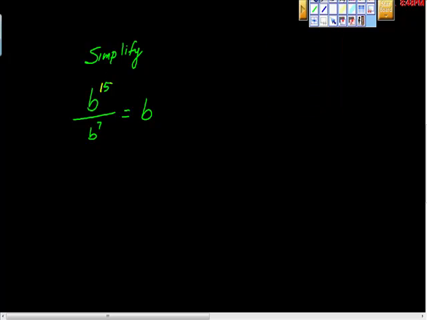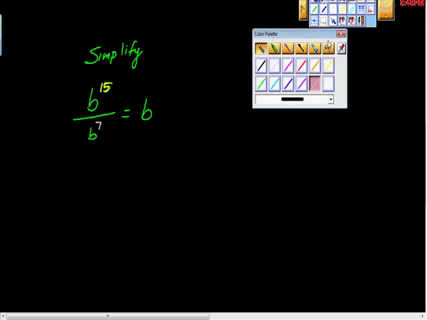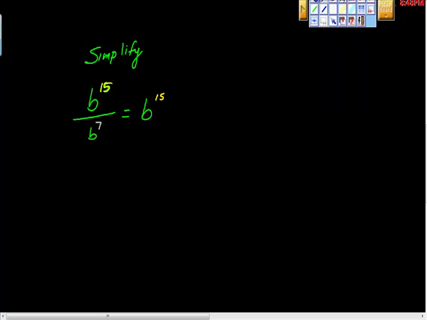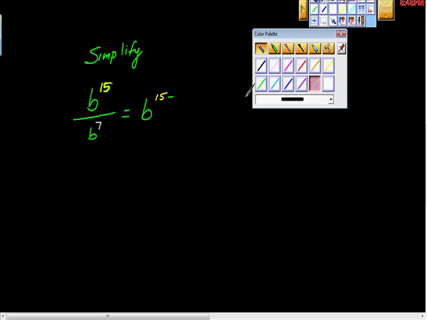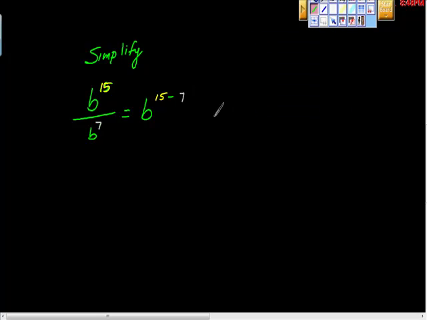So then what does the formula suggest that we do? It suggests that we take the exponent of the denominator and subtract it from the numerator, which would give us b to the 15 minus 7, right? And of course, b to the 15 minus 7 could be rewritten as b to the 8th power. Okay?